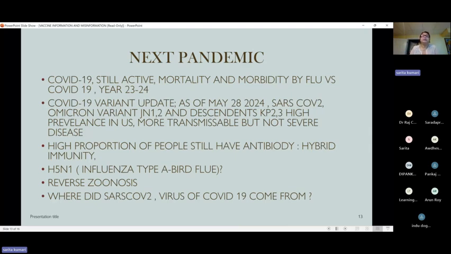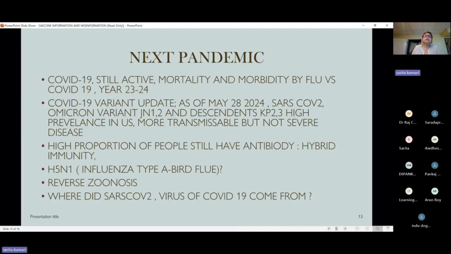So it's not gone yet. In terms of variants, in the US, KP23 is still high, it looks like 30%. It is more transmissible, but it doesn't give you more severe disease. It is still a variant of Omicron, so it's not something completely new. By the way, mutation of flu is worse than mutation of COVID. COVID is a little bit slower than flu.